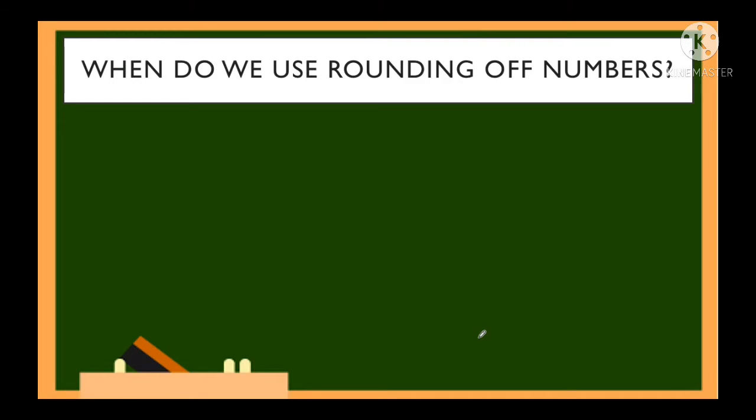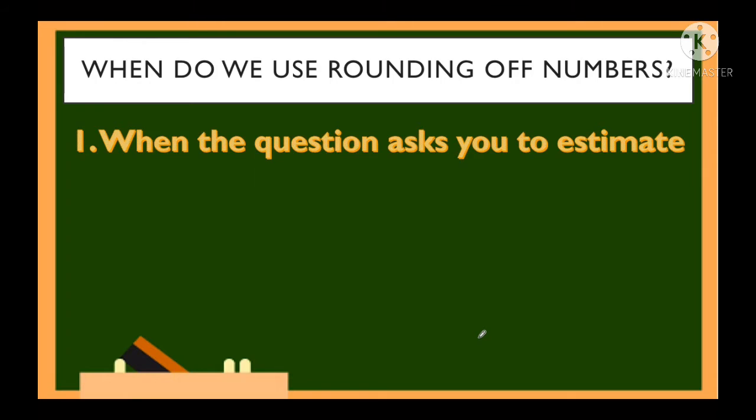Now, when do we use rounding of numbers? This is the question. When do we use it? We can use it when the question asks you to estimate. So if the question in your book asks you to estimate, that means you are guessing. Estimate, you need to guess the number, you need to think of another number.